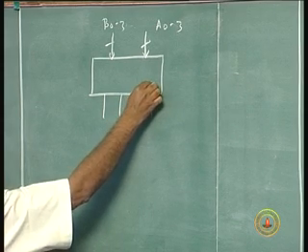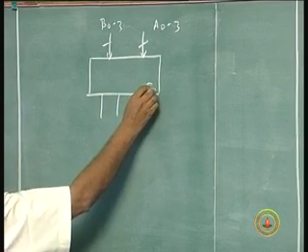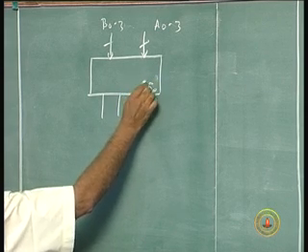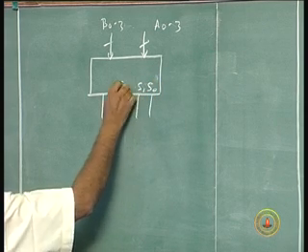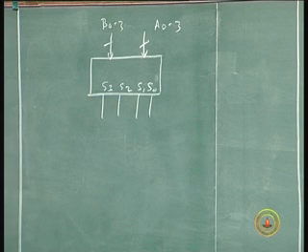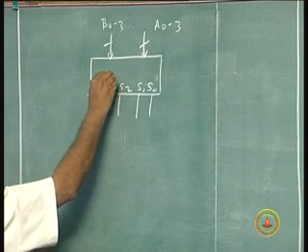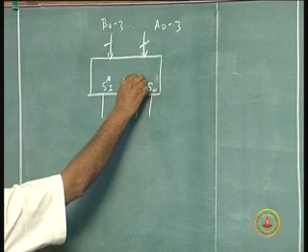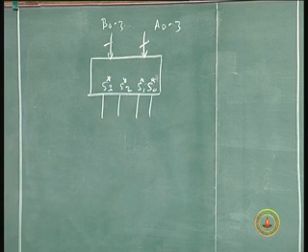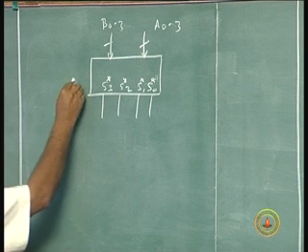We will call the outputs S0, S1, S2, S3. This is not the final sum, so I will have to qualify this, I will put a star here maybe, because the final sum will come later on after adding 6 to that, and then a carry.